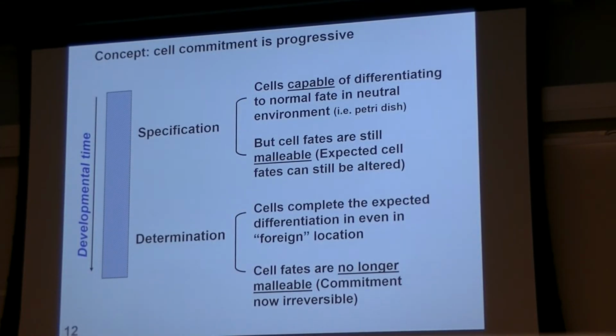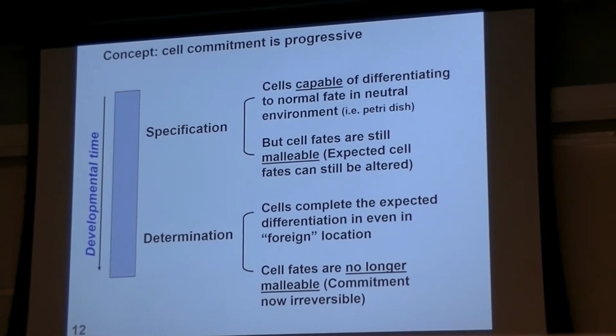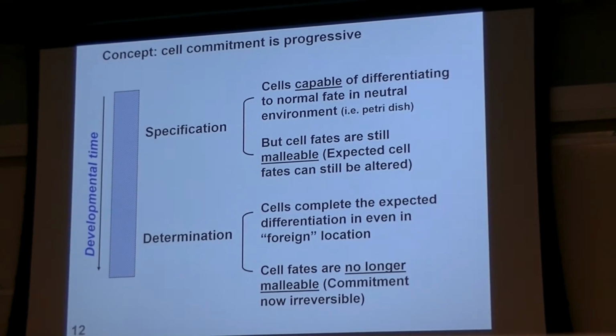Okay, so let's look a little bit at specification versus determination. These are two terms, and they both apply to this period of time where cells are making decisions about what's going to happen, how they're going to commit to a fate. Initially, we could say cells are specified if they have the initial information that would commit them to a particular fate.